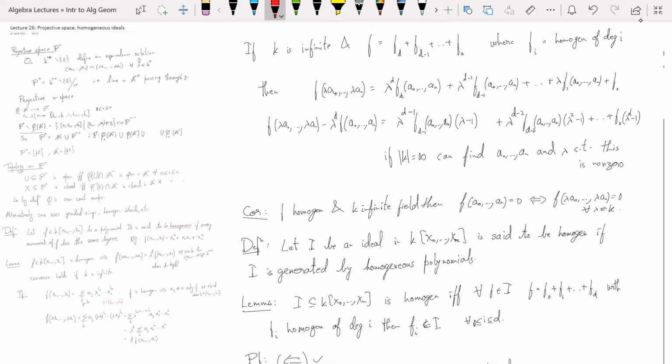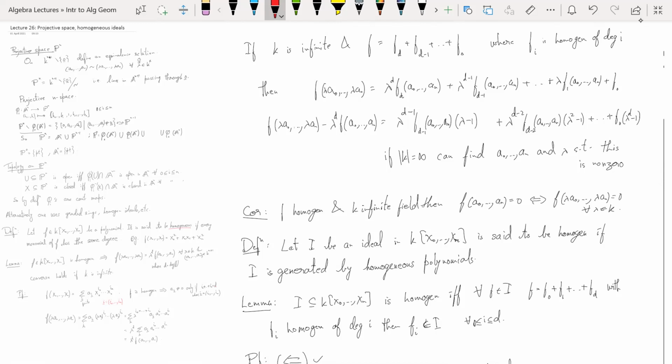Of course, if one of these f_i's is non-zero, and k is an infinite field, then you can think of it as a polynomial in a_0, ..., a_n and λ.